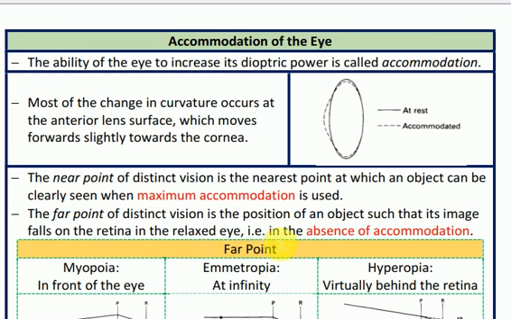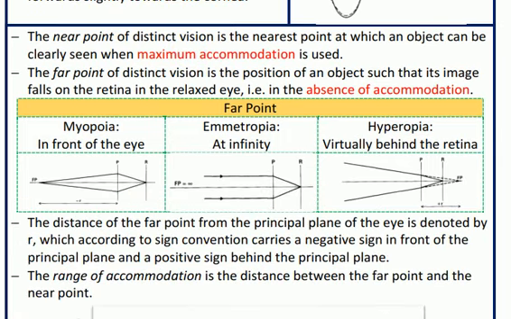Far point in the emmetropic eye is at infinity. The near point of distinct vision is the nearest point at which an object can be clearly seen when maximum accommodation is used. Far point in different states: in myopia, it will be in front of the eye, and in emmetropia at infinity.